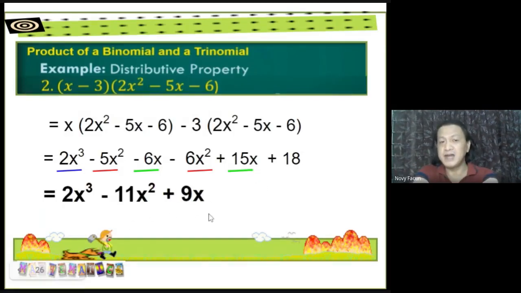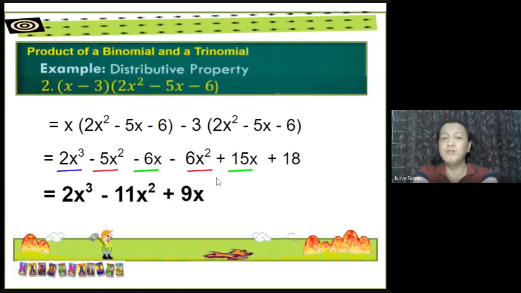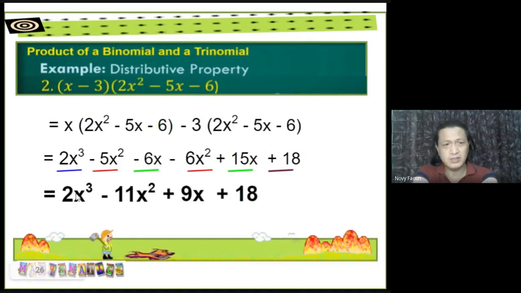Kaya positive 9x. Mas malaki yung positive natin. Kaya positive yung magiging sign. And since wala naman tayong constant, bring it down. And that is now the final answer. We have 2x cubed minus 11x squared plus 9x plus 18. Always remember, there are 4 terms in getting the product of binomial and trinomial. But this is not the special case. Take note.